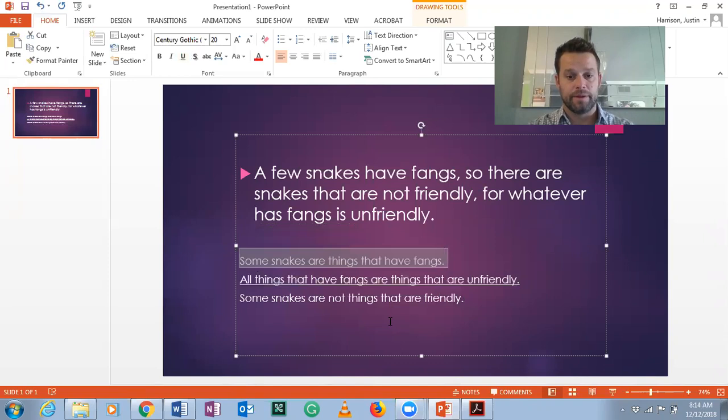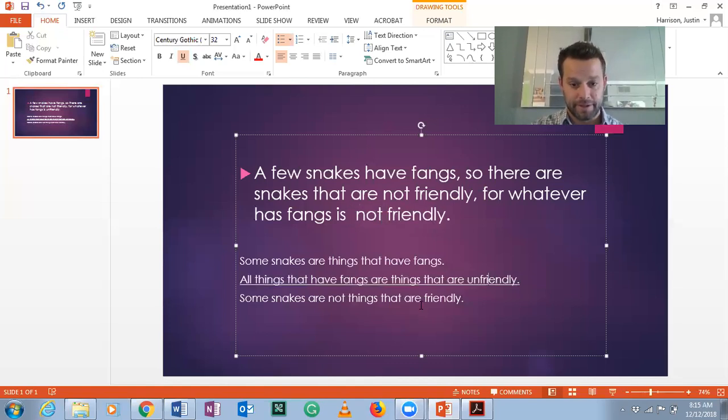And notice that also these don't match, because when it says there are snakes that are not friendly, all things... so not friendly and unfriendly, really we need to change this.